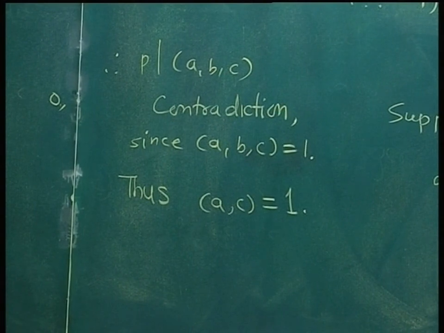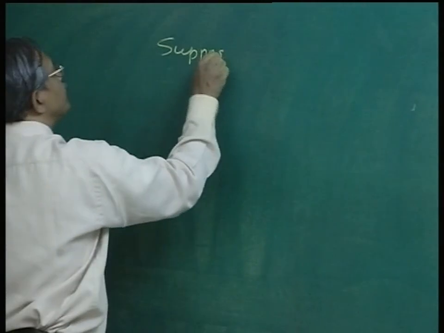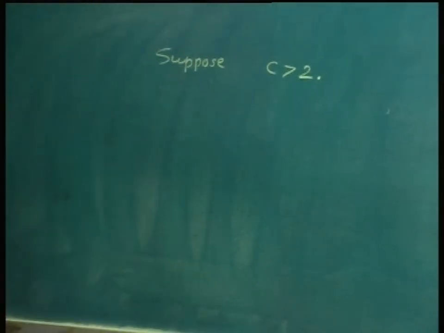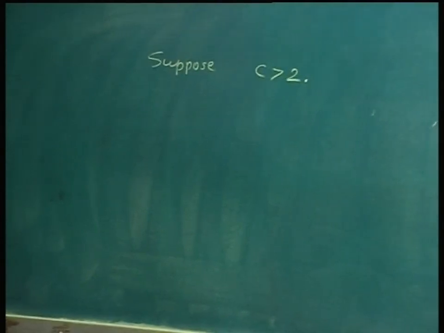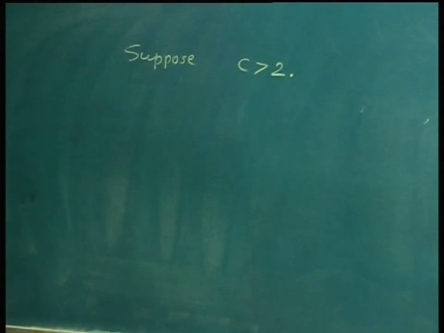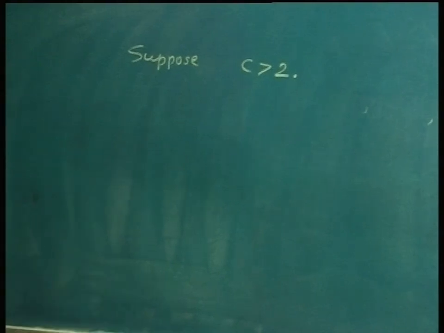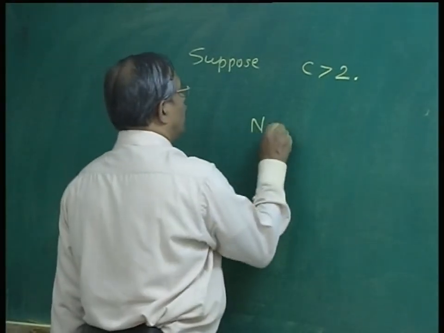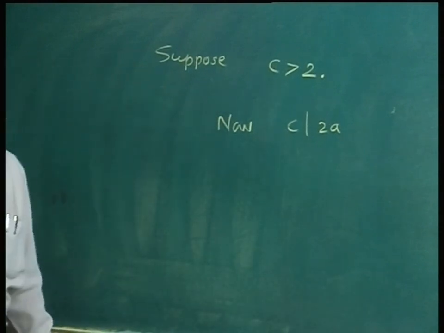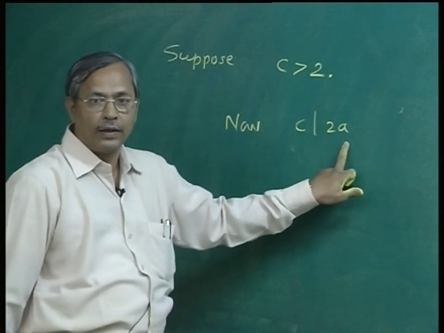Okay. Now suppose c is bigger than 2. You want to show c is 1 or 2. In the denominator you can either have 1 or 2. Suppose c is bigger than 2. Now c divides 2a. A number larger than 2 is dividing 2 times a.